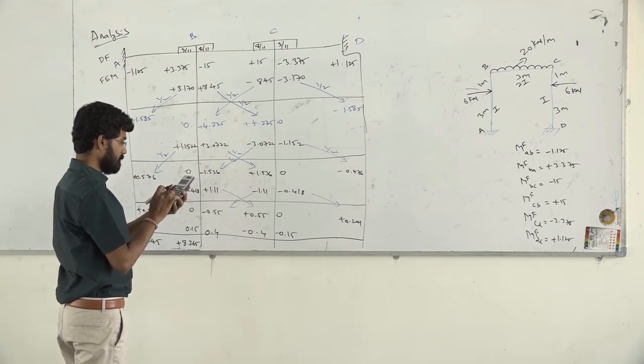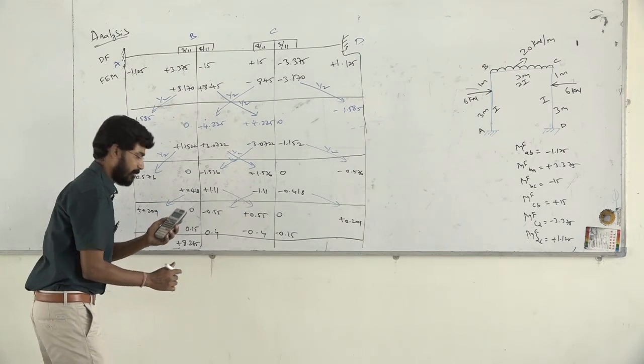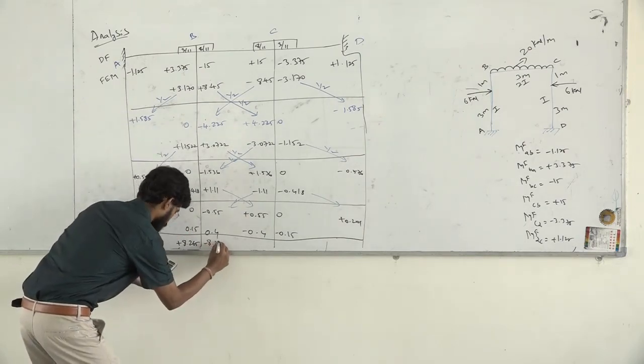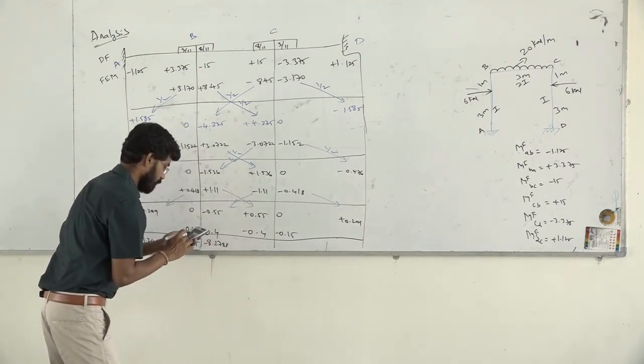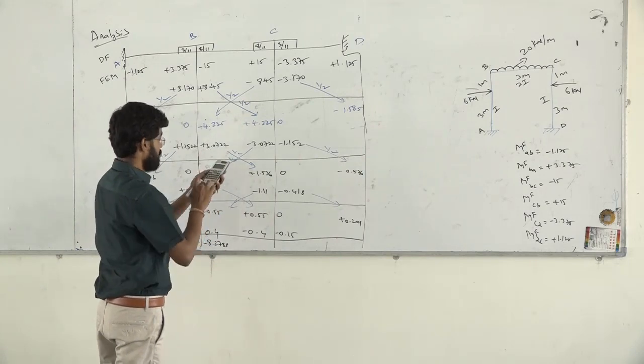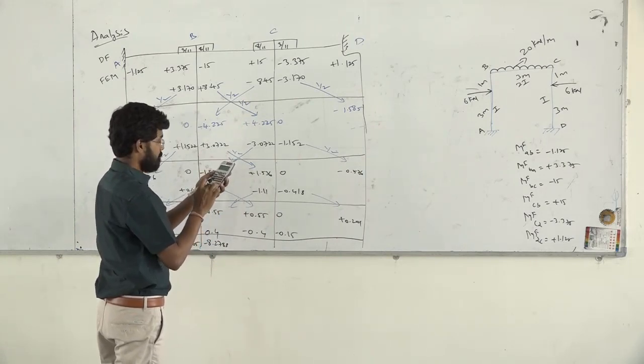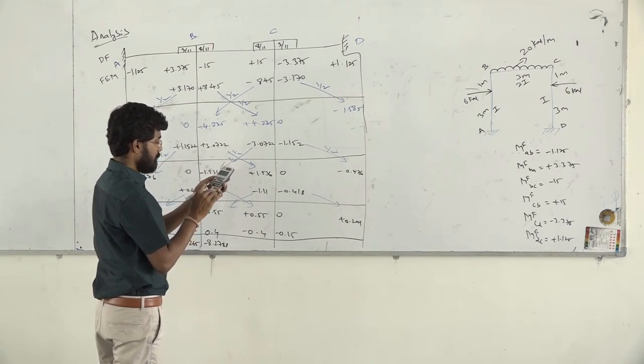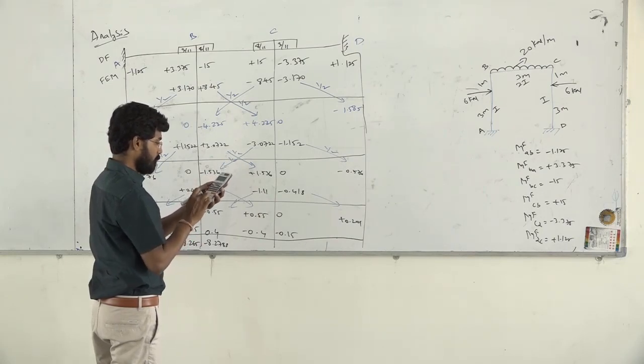Then the answer we have got is minus 8.2788. Now here also, it is plus 15 minus 8.45 plus 4.225 minus 3.07 plus 1.53 minus 1.11 plus 0.55 minus 0.4.